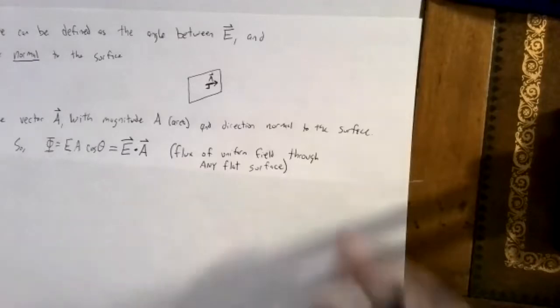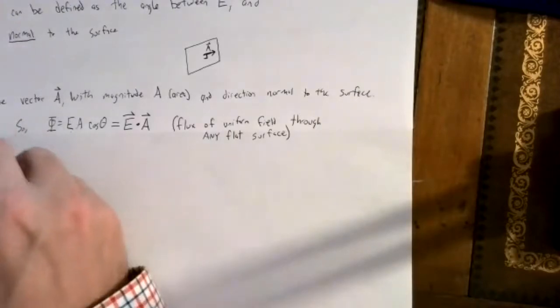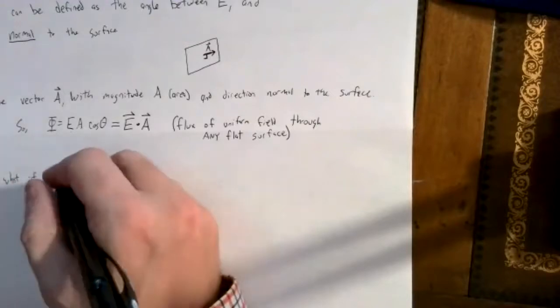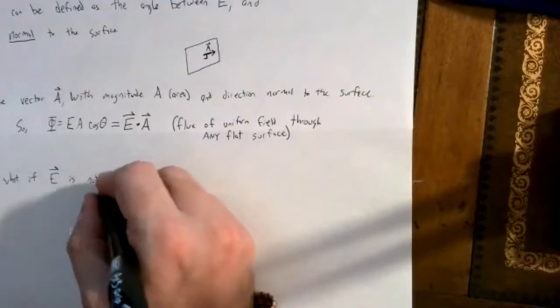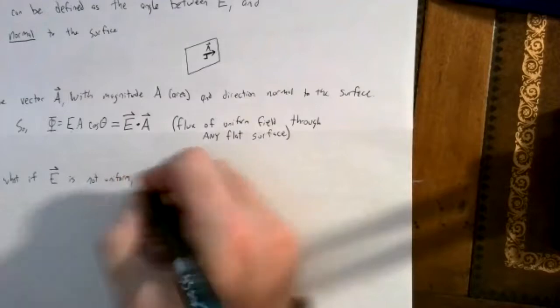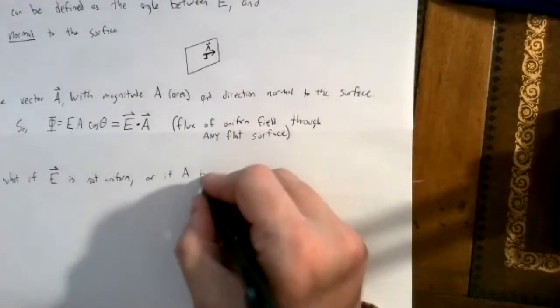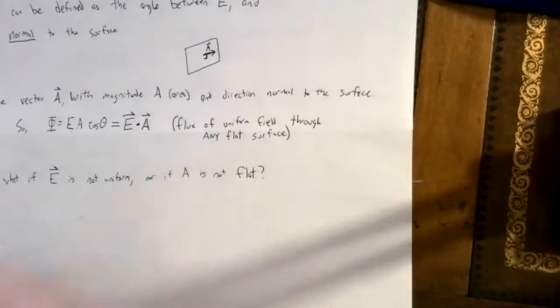So then finally you want to get the most general form of this equation, because what if the electric field is not uniform, and what if the surface we are picking is not flat? What do you think we're going to do in that situation?